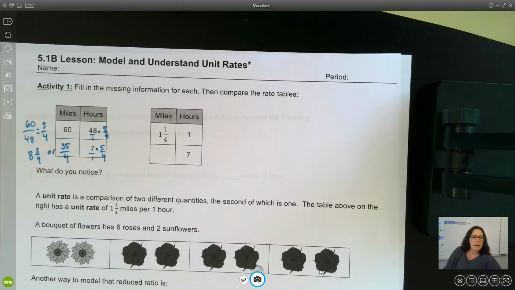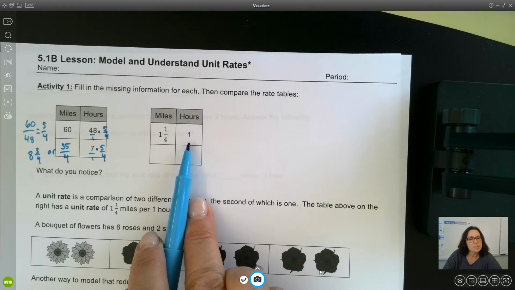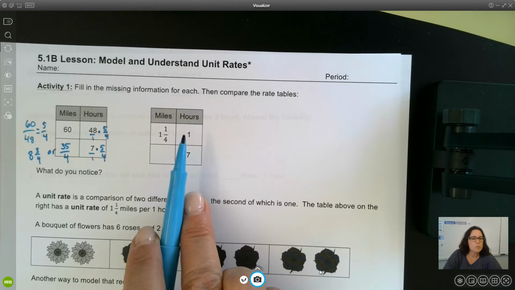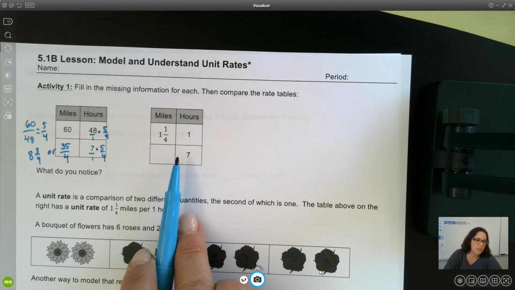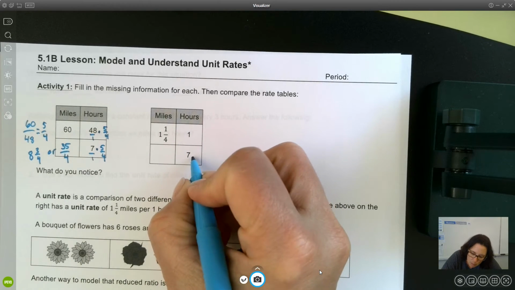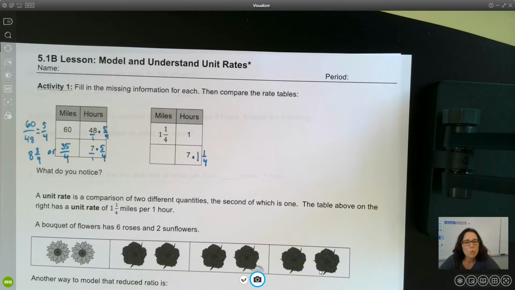Okay. All right, now we're going to do the same thing here. This is nicer because this already has a 1. So this gets multiplied by 1 1/4 to get miles. Well, 1 1/4 is 5/4.